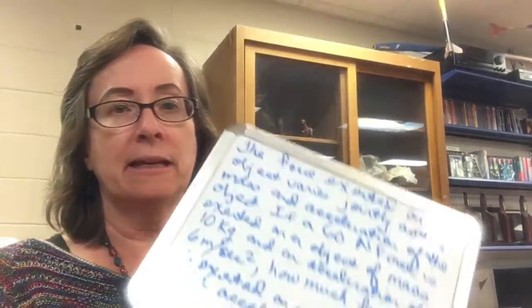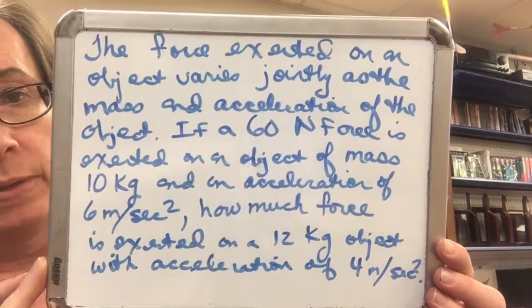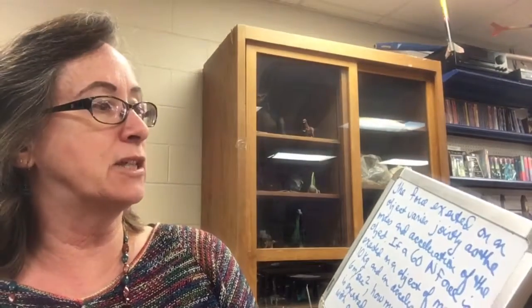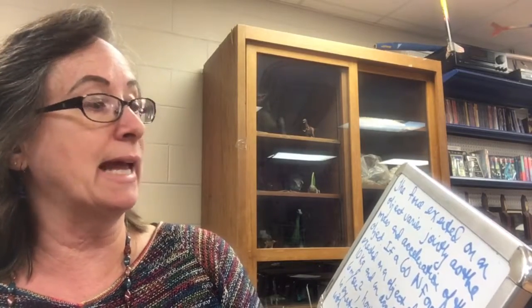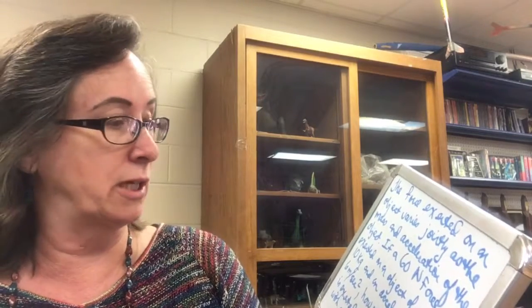Okay, so now this is a huge joint variation problem that I'm going to read to you. It says the force exerted on an object varies jointly as the mass and the acceleration of the object.